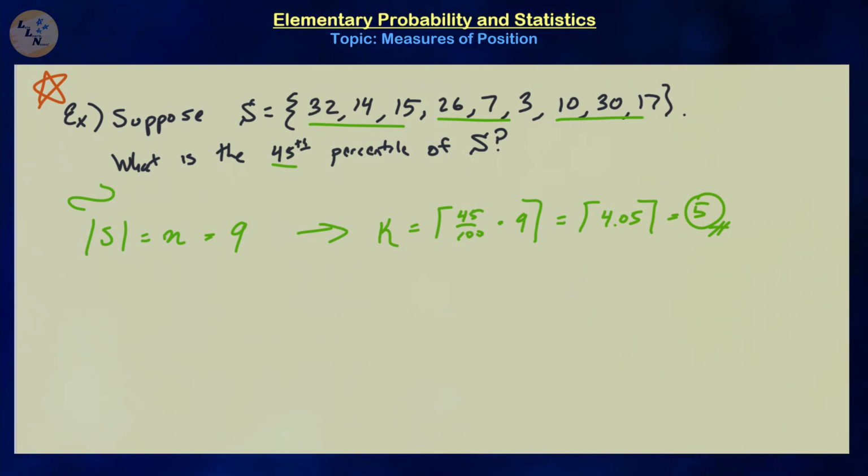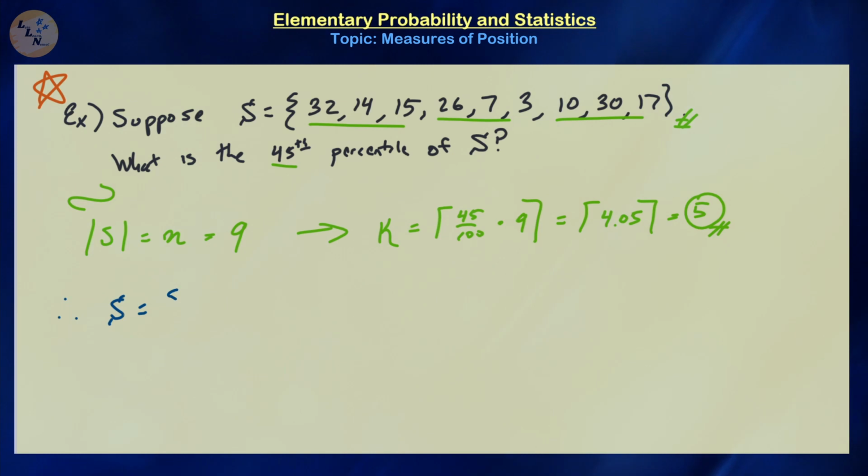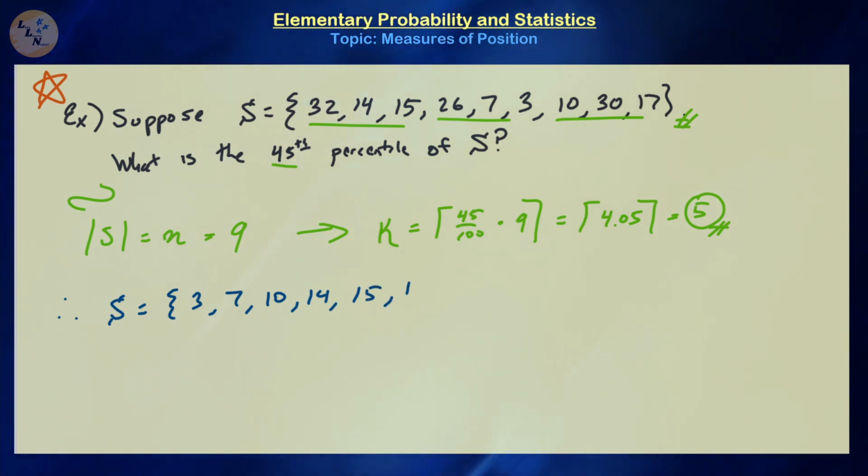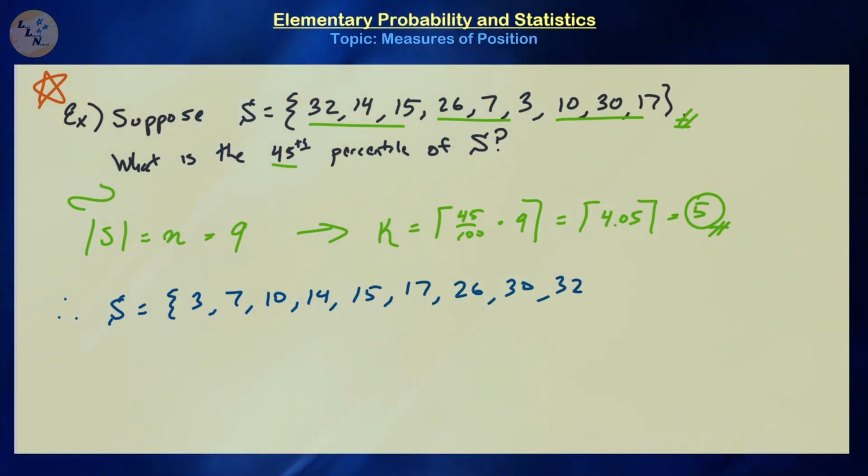Now, in order to find the element associated to this particular rank index, we need to rank our particular set from least to greatest. So first off, let's find the minimal element. So that's going to be equal to 3, followed by 7, 10, 14, 15, 17, 26, 30, and 32. And of course, make sure you have all your elements so you're not missing anything.